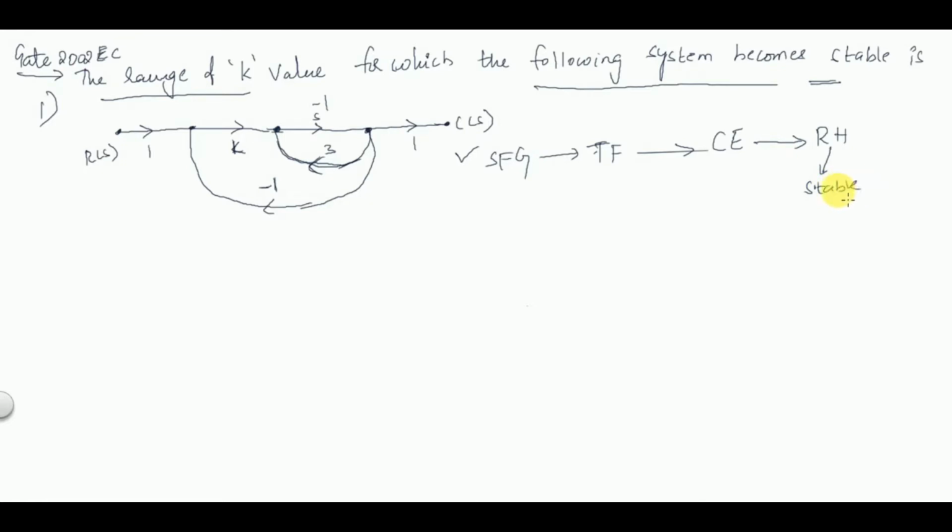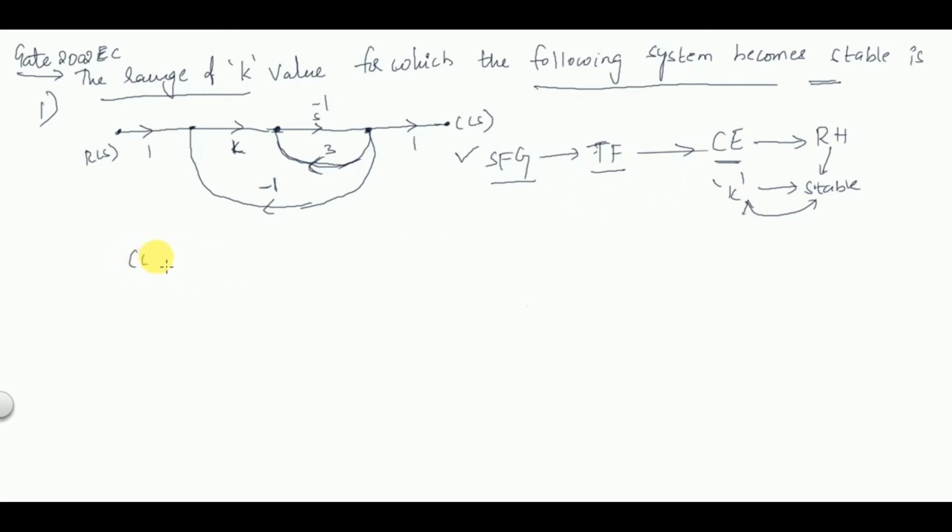So from the SFG you find the transfer function, and by taking the denominator you find the characteristic equation, and based on that using RH criterion you find the k value when the system is stable. So this is the procedure, right?